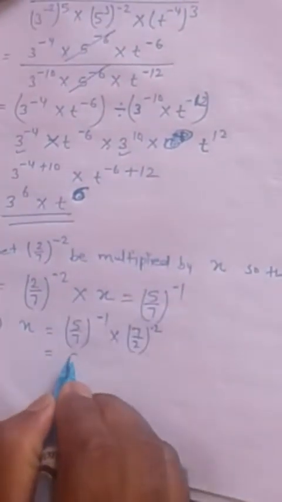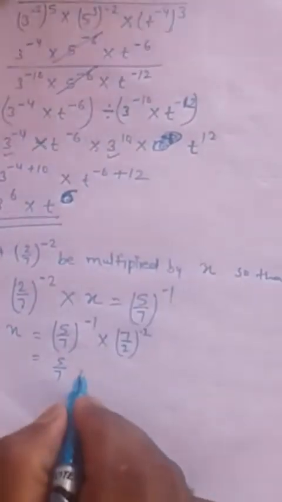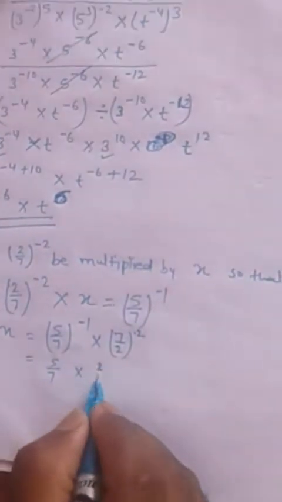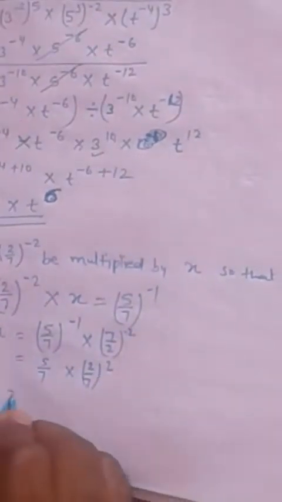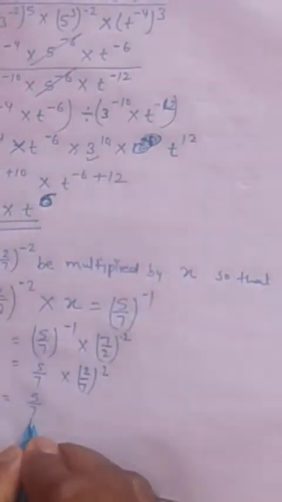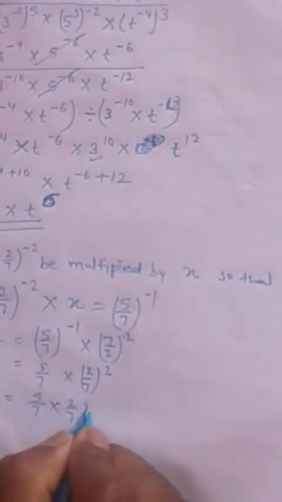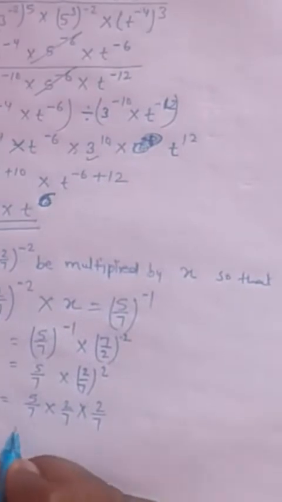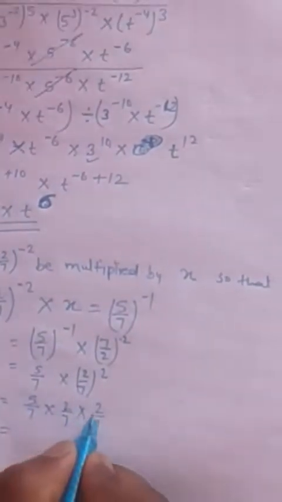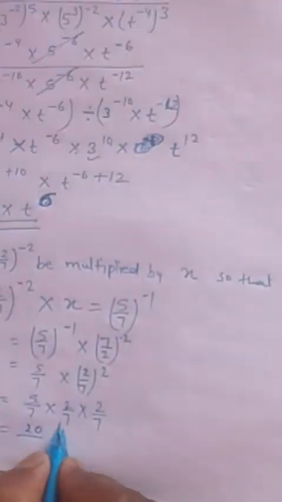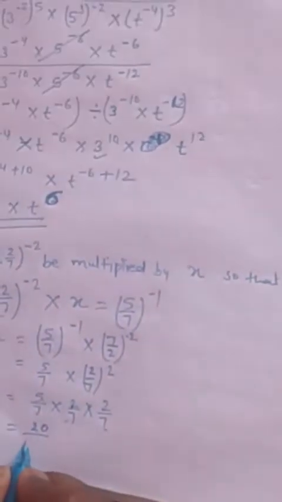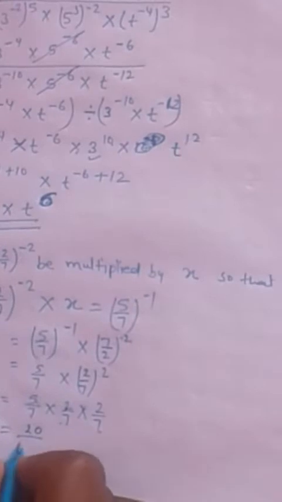For this we can write 5 by 7 to the power 1, and similarly for this we can write 2 by 7 to the power 2.